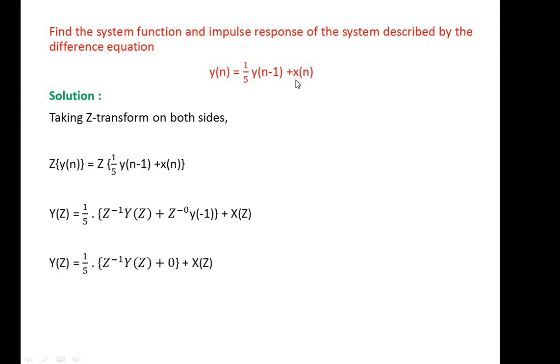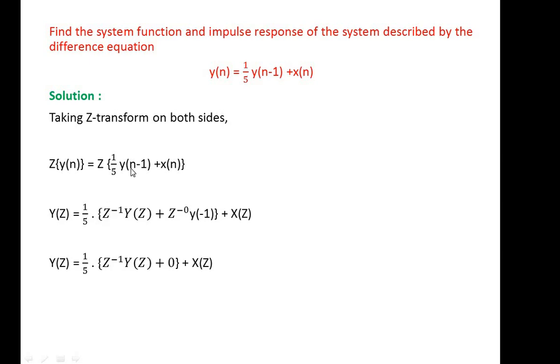Now step 1 is to apply Z transform to the difference equation on both sides. So Z of y of n equals Z of 1 by 5 y of n minus 1 plus x of n. Applying Z transform to y of n, we get capital Y of z, and 1 by 5 is a constant, so we can take it out of the Z transform.